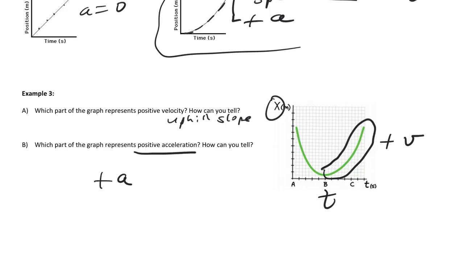Okay, so on the side we just marked, we have positive velocity. And we have increasing speed because the slope's increasing.